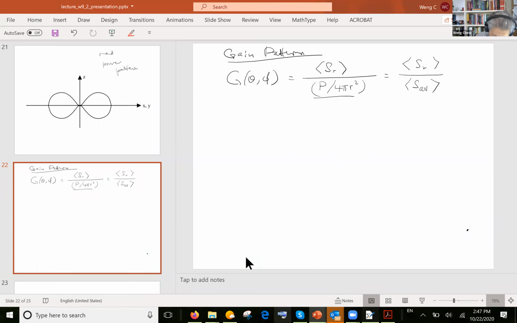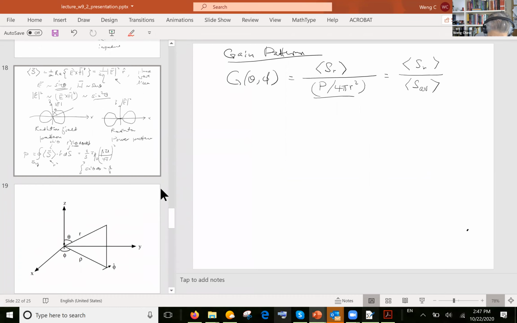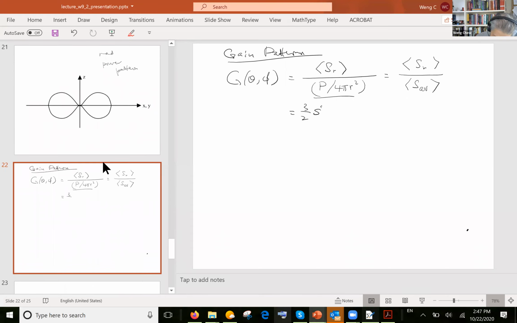We already found out what S_r should be in our previous derivation. I didn't derive it, but you can plug this E and H back in here, and you find that S_r is given by a certain expression. S average is a constant, and this can be shown to be just 3/2 sine squared theta for the Hertzian dipole.